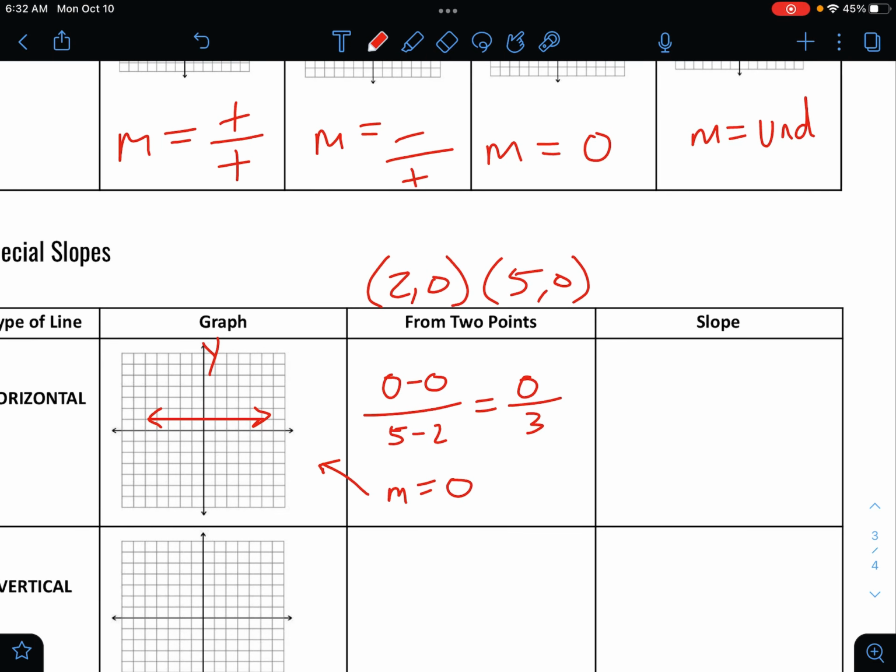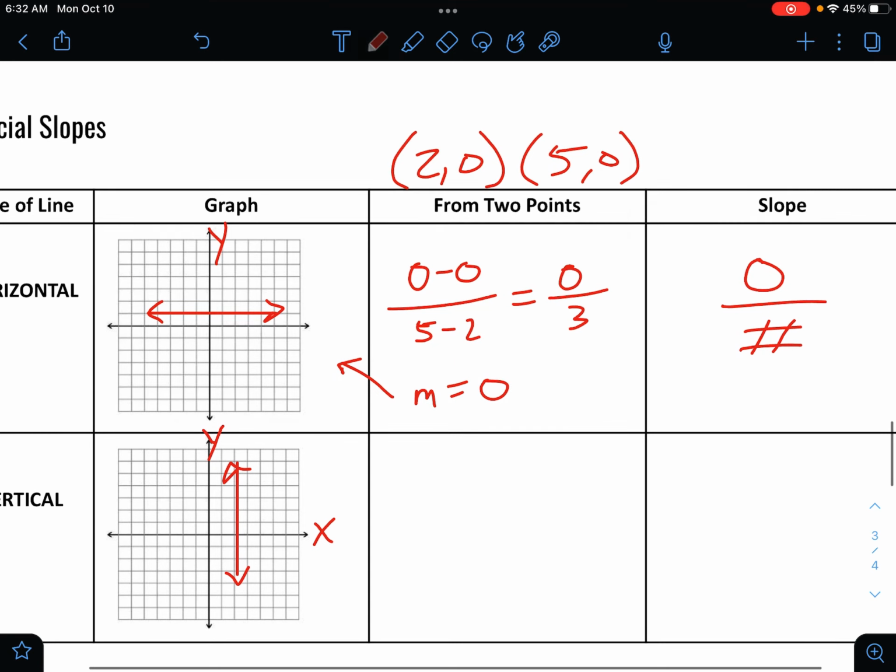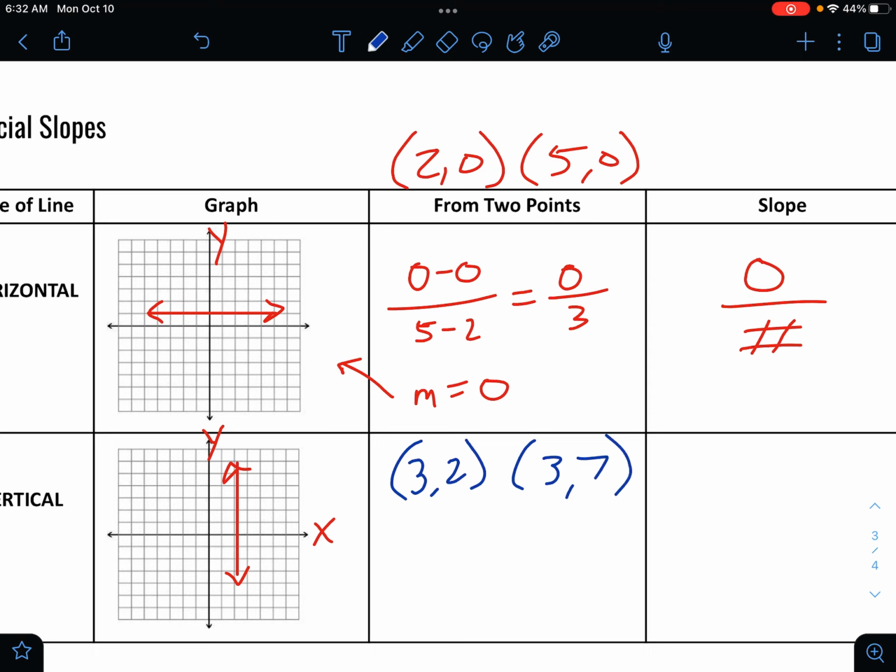And same thing when you're trying to find the slope: if I'm going across, it's going to be 0 over any number. And a vertical, kind of the same idea, right? But now instead it's changed. So now notice that your x value is maintaining the same x value every time. It's not going left and right. So in terms of coordinate points, it's going to be something like, let's just say, (3, 2) and (3, 7), right?